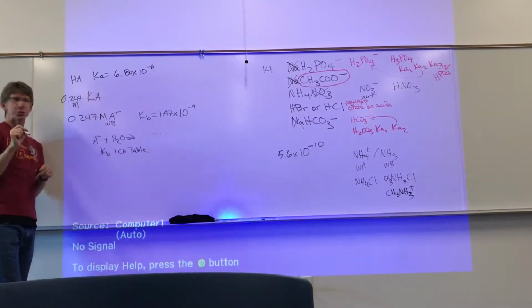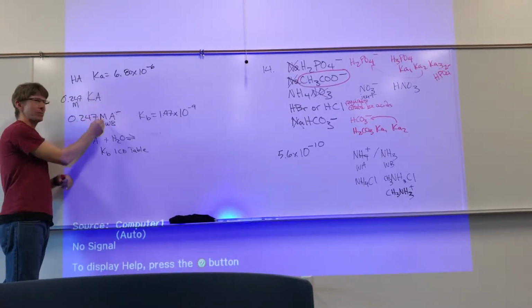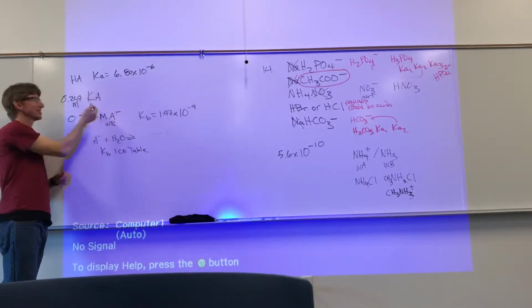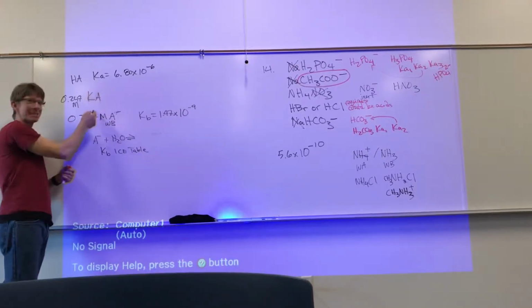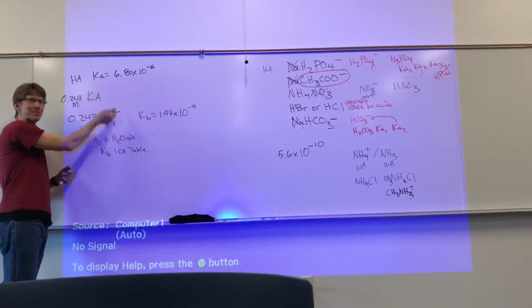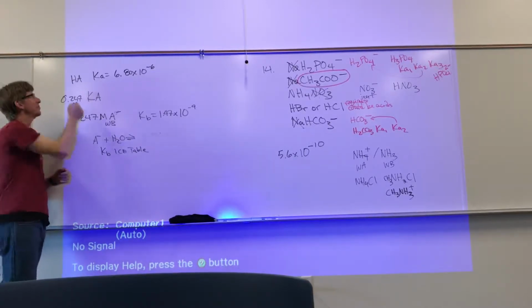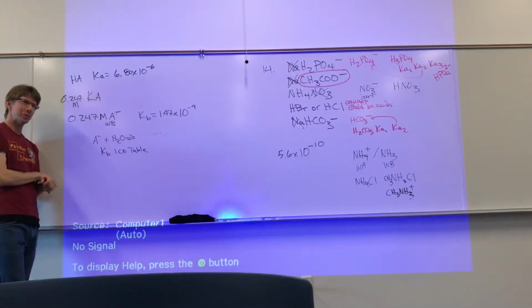Now, I see the issue. The problem statement says you have 0.247 molar K A minus, the worst possible thing to choose since it's K and A, the potassium salt of the anion. You don't have any HA. So that's the reason you can't do a Ka ICE table.